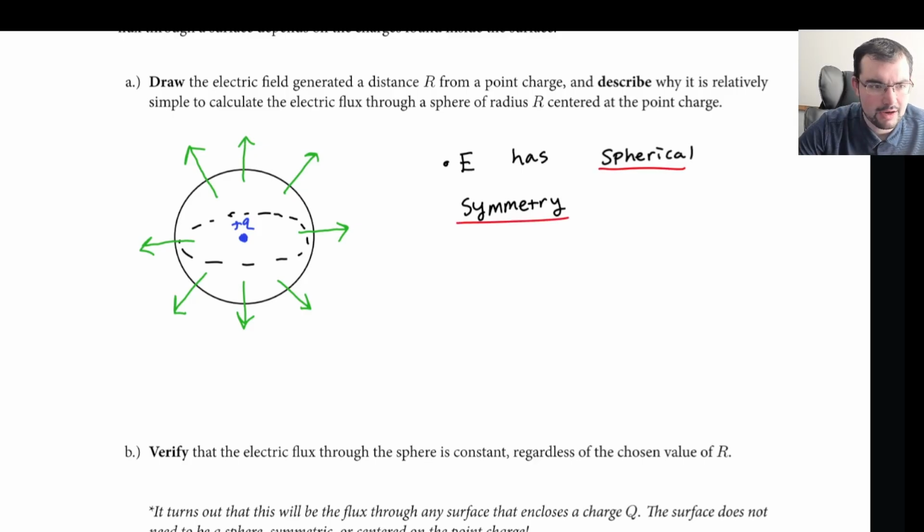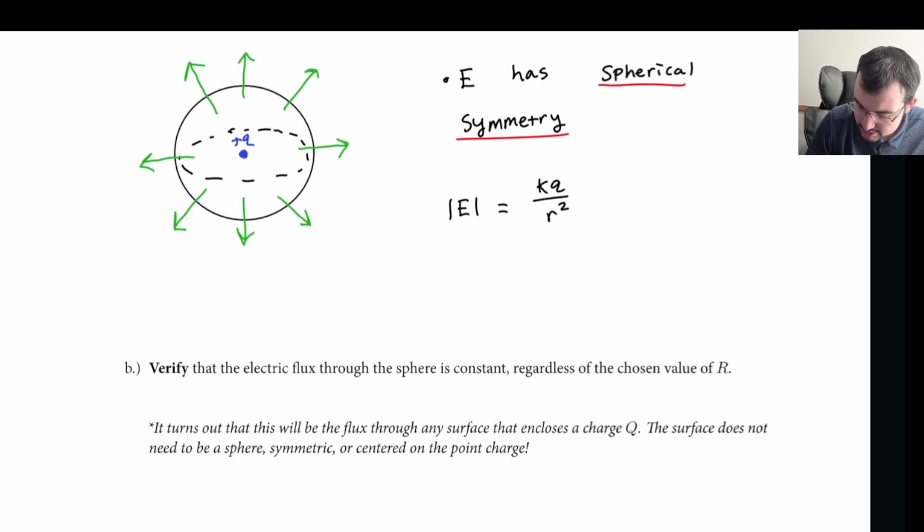is if we look at our expression for E from a point charge, we see that the magnitude of E from a point charge is just k times q over r squared. And we actually dealt with the direction already. That's that r hat. So that's why the field lines always pointed out.